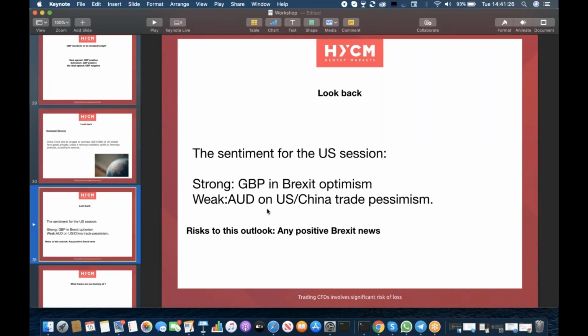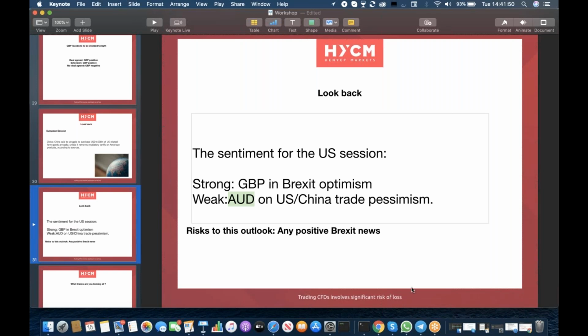So sentiment for the US session. Again, expecting pound strength on Brexit optimism and Australian dollar weakness on trade pessimism. Okay, so this was the key that I'm expecting for the coming session.